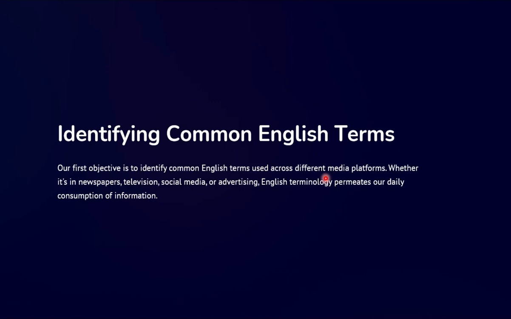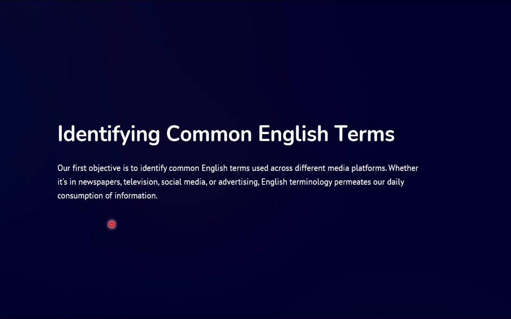So identifying common English terms. We are talking about common or general English terms here. So our first objective is to identify common English terms used across different media platforms, whether it is newspaper, television, social media, or advertising. English terminology permeates our daily consumption of information.